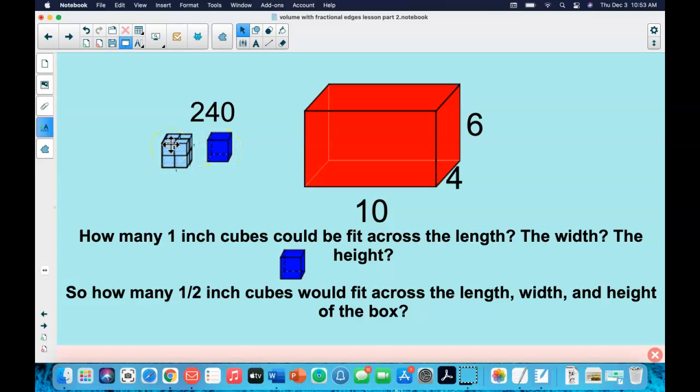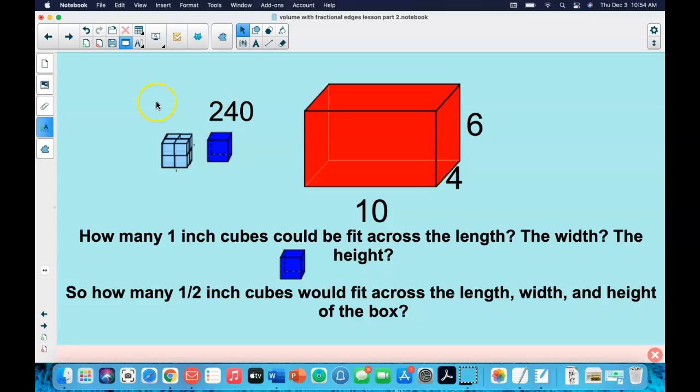So how many half-inch cubes would it take to fill here? Well, if it's 240 1-inch cubes and there's 8 to 1, then I would take 240 and I can multiply that by 8. And 240 multiplied by 8 is a pretty big number, right?